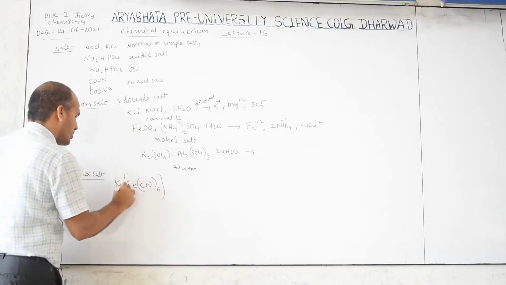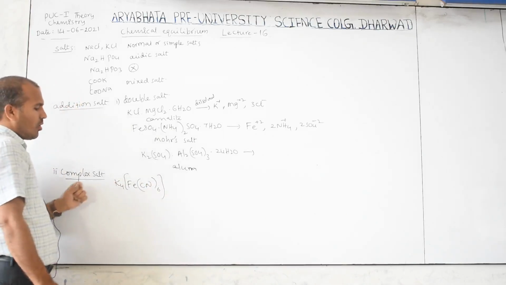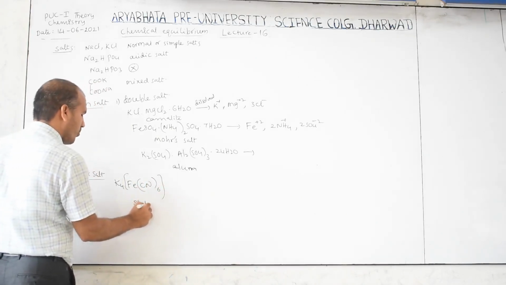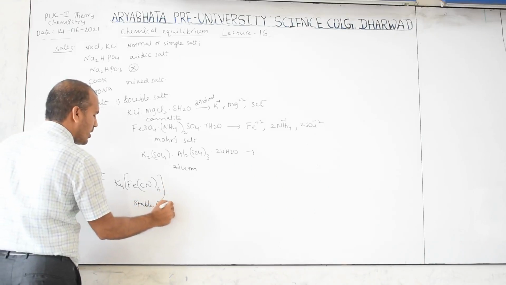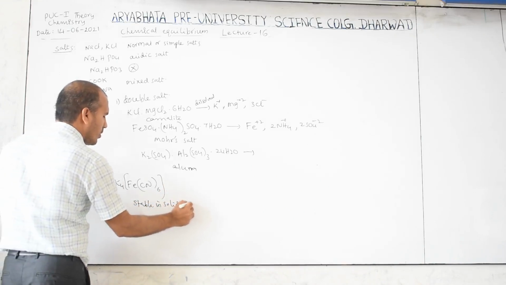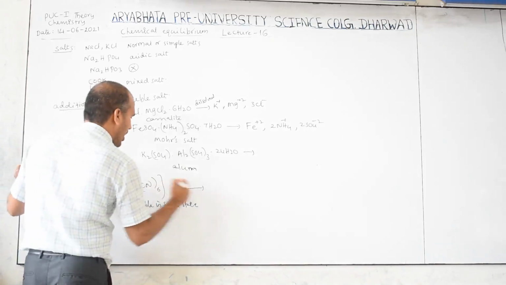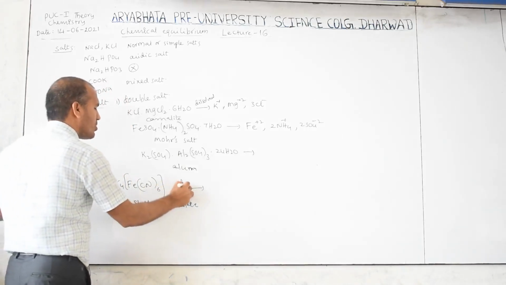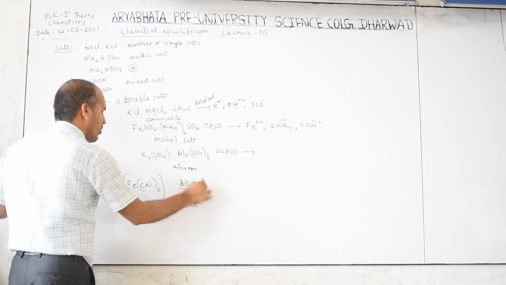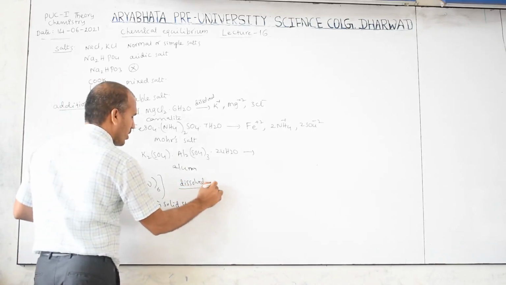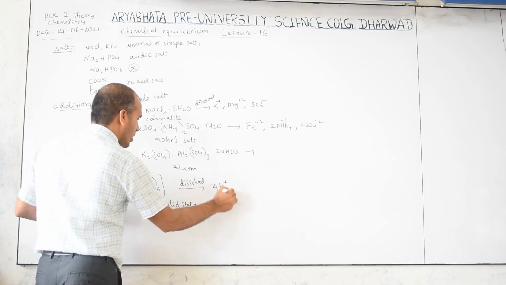For example, K4[Fe(CN)6]. What are the ions present in this? This is stable in the solid state. It will be ionized in water when dissolved. K is there, how many? 4 K plus ions are there.